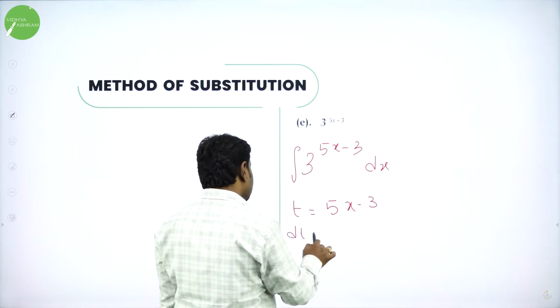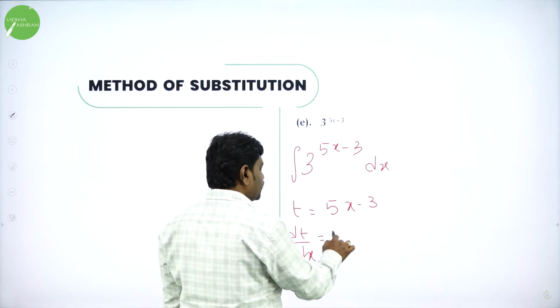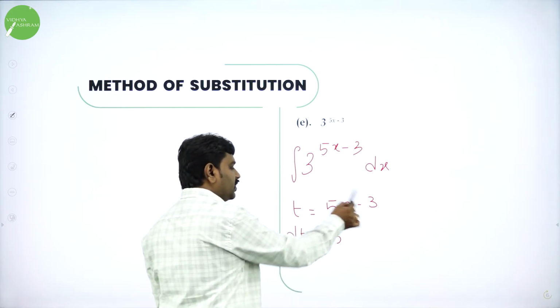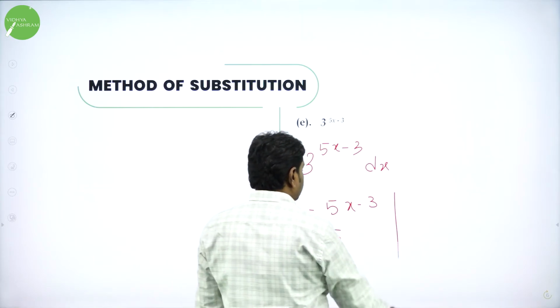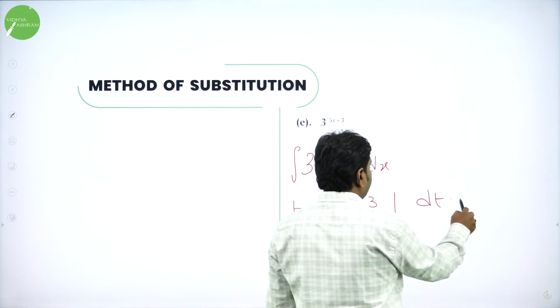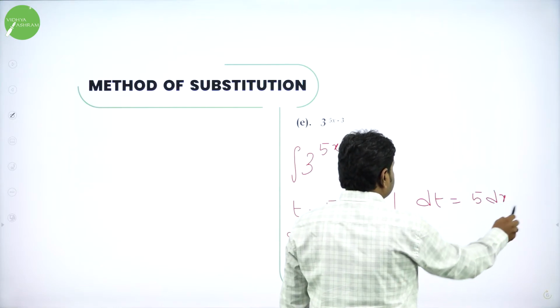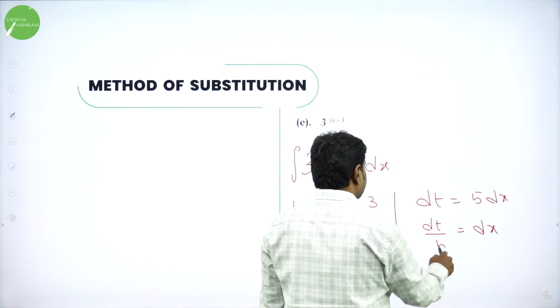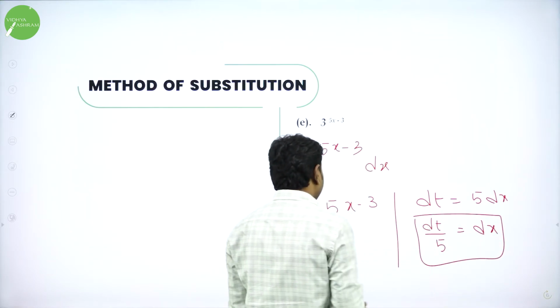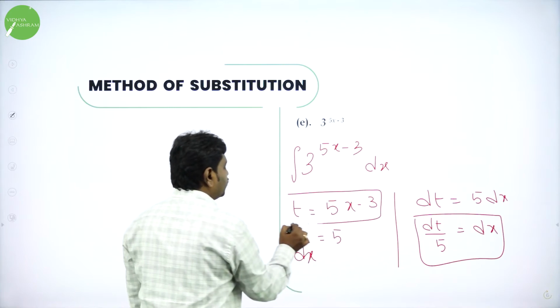Differentiate both sides. dt by dx gives derivative of 5x is 5, derivative of 3 is 0. From this get dx. dt is equal to 5 dx, so dx is exactly dt divided by 5.